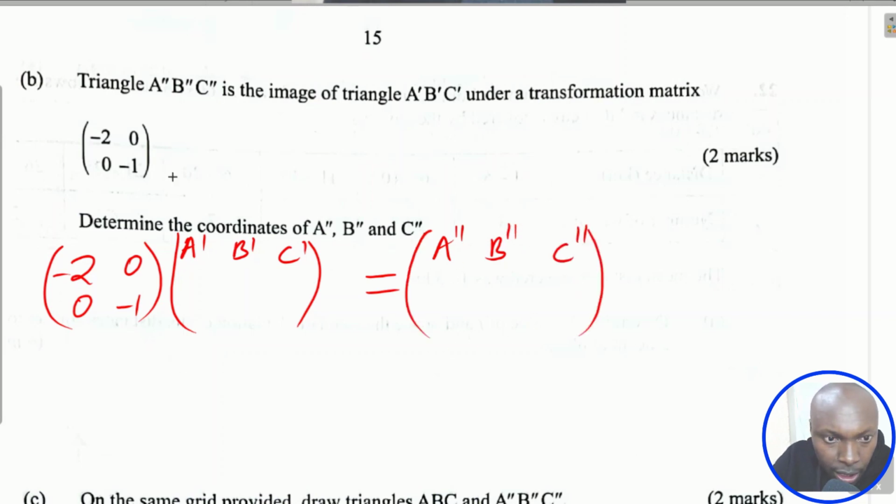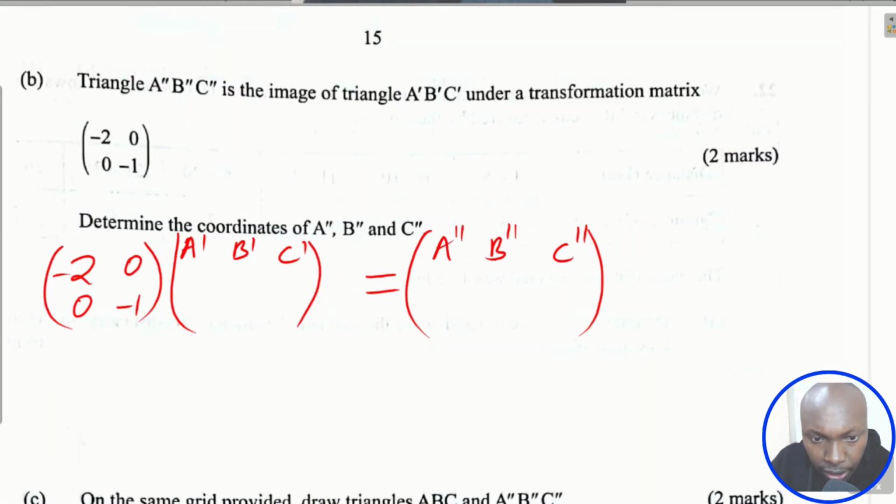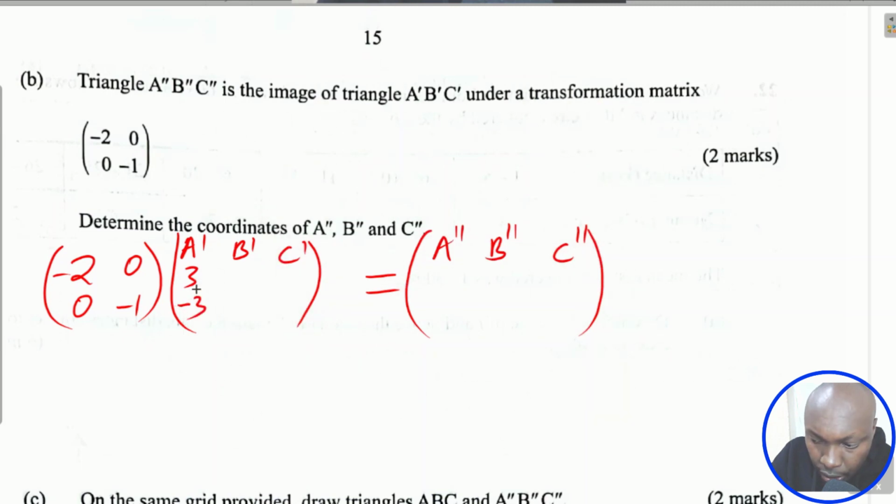As simple as that. Since we already have the coordinates of A prime, B prime, C prime, which were 3, -3, 1, -1, and 3, -1, let me multiply these.